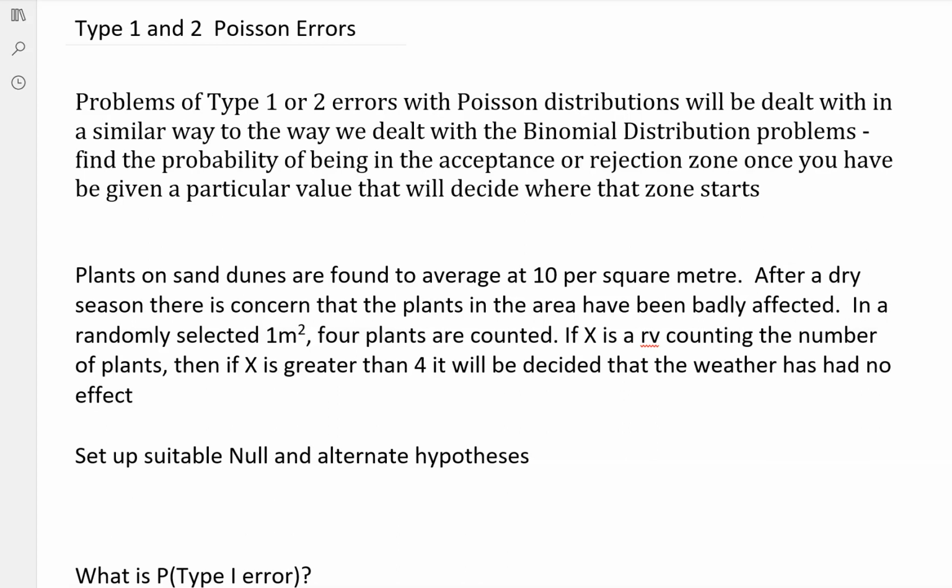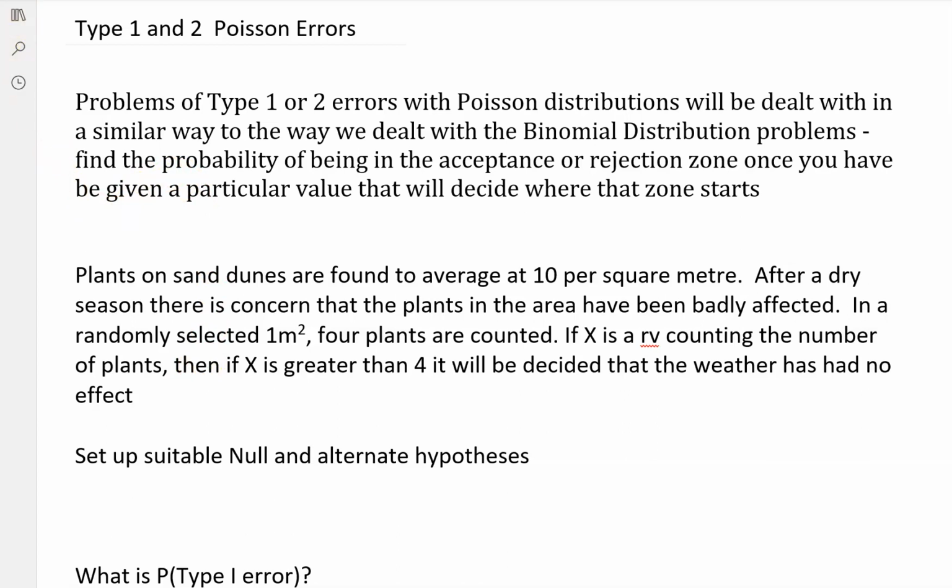So, unlike the normal distributions where they'll say calculate this to a significance level of 10% or 5% or whatever the case might be, in discrete data they're going to tell you our rejection zone is going to be if they're greater than this or if they're less than that. One of those values will be given to you. So let's deal with a problem and work our way through that.